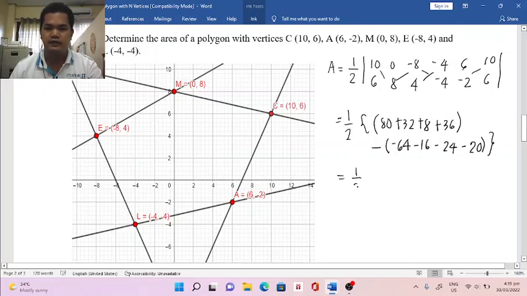Okay, so let's continue. 1/2 of 80 plus 32 is 112, plus 8, 120, plus 36, that is 156.